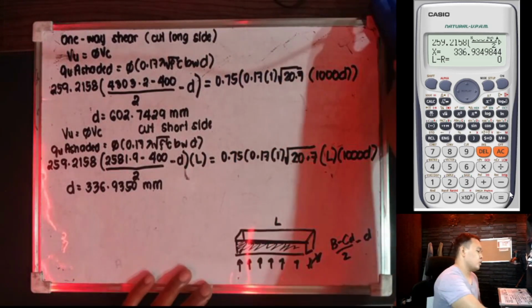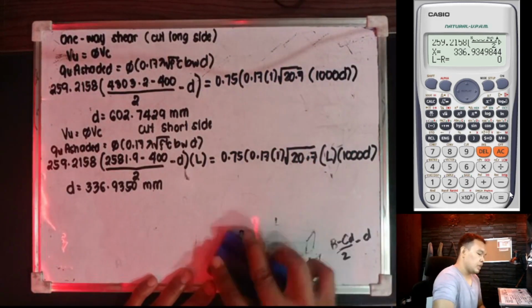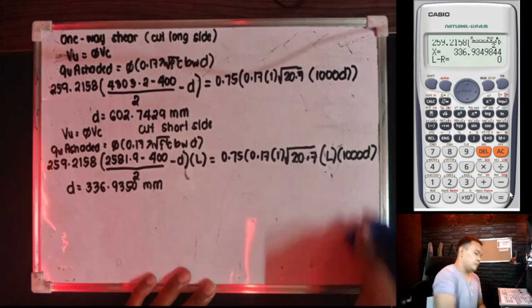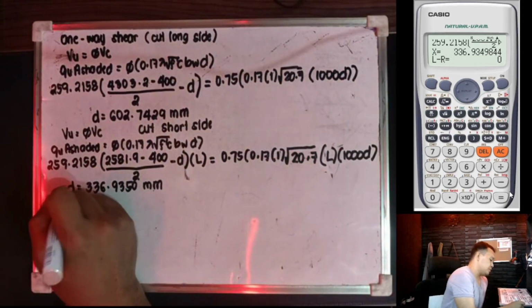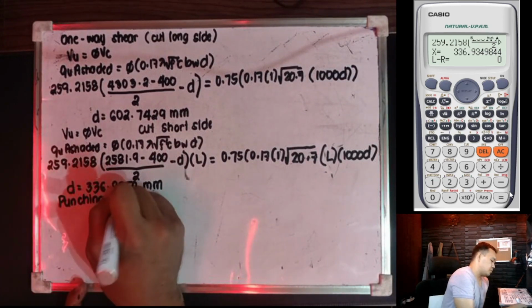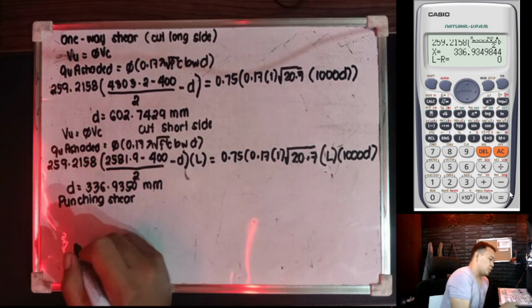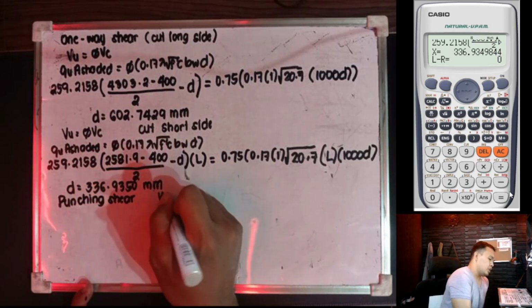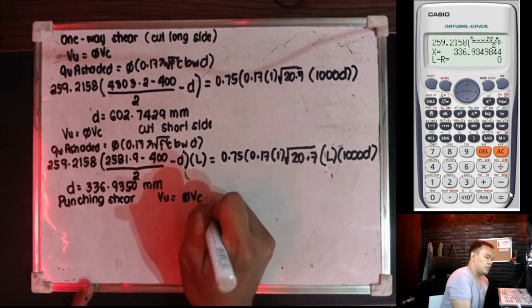Okay, so now we check for punching shear. So we have punching shear. VU is equivalent to VC.